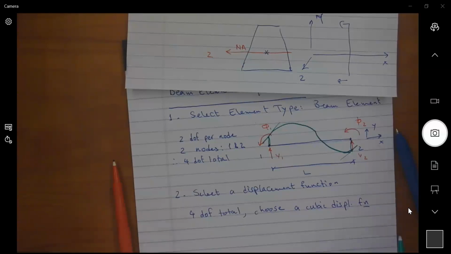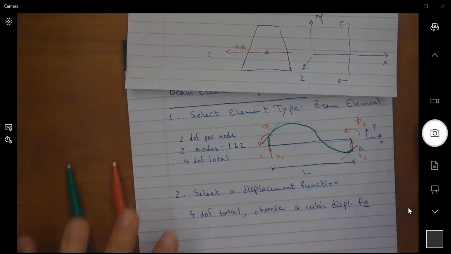Let me rephrase the question. When we looked at beam deformation, we had some equations in the back of the book that we used, and they would give us the equation of the elastic curve, of this green curve here. So this is V as a function of X. That would give me that green curve, right?